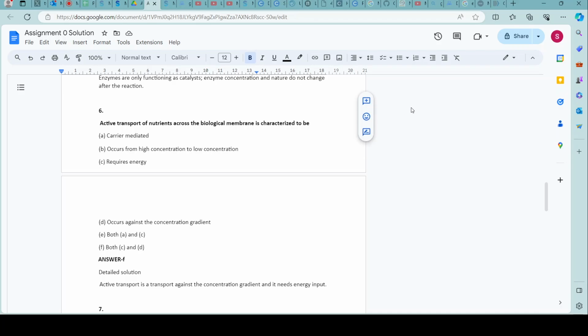No, with just the supply of energy, but not. I'll try to get an example of active transport without a carrier. Let me check.